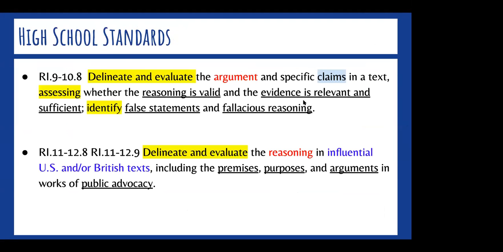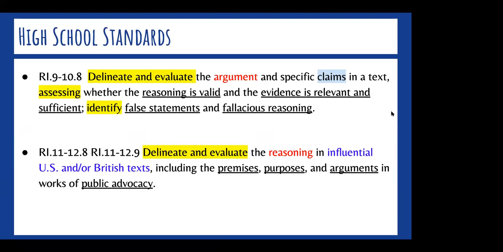Let's take a minute and look at high school. With the high school standards, you'll see our bands coming along here. We did the same thing, the verbs in yellow. At the high school level, ninth and 10th grade, we've got those students delineating, evaluating, assessing, identifying. We did the same thing with our nouns and phrases, thinking about what our students are actually doing with those verbs.